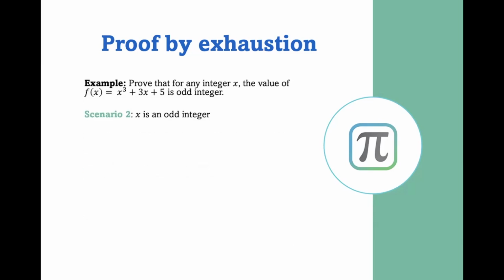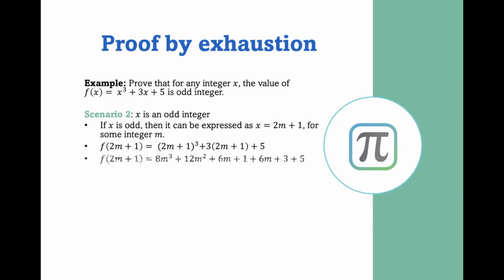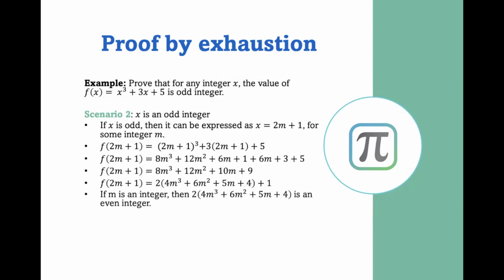We then use the same approach, but this time we start by assuming that x is an odd integer. If x is odd, it can be expressed as x equal to 2m plus 1 for some integer m. So we substitute 2m plus 1 into the function, and we rearrange, and we show that this gives us 2 times, all in brackets, 4m cubed plus 6m squared plus 5m plus 4.